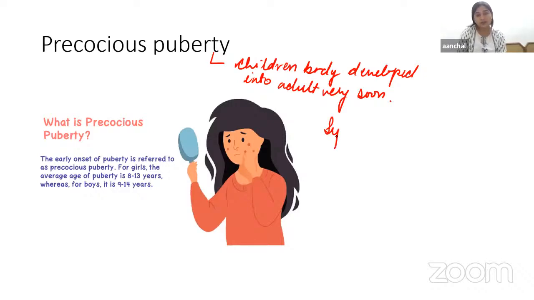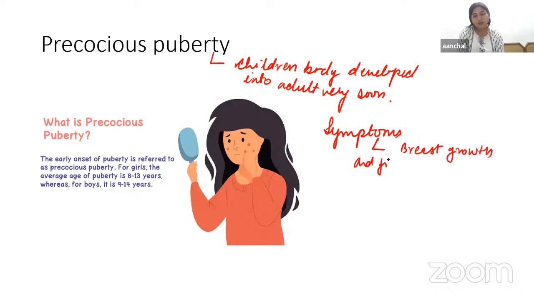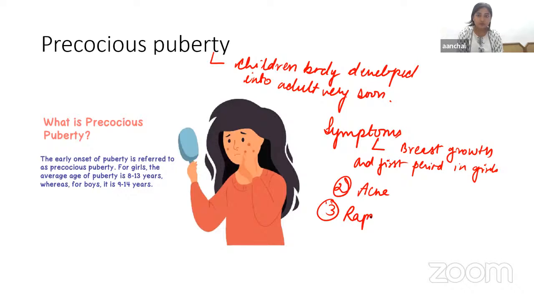So various symptoms are there, like breast growth and first period in girls, then acne, then rapid growth of body, then pubic and underarm hairs.